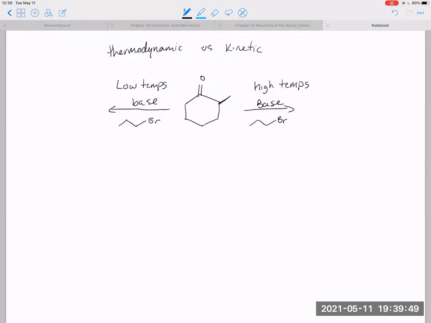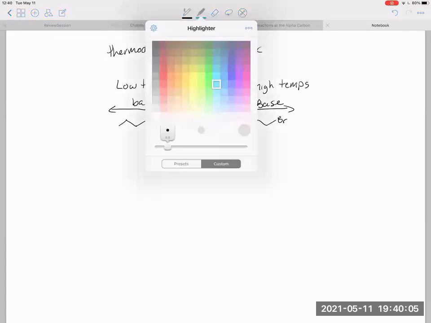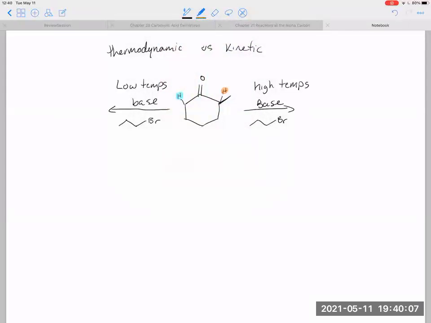Okay, so the big difference here is which hydrogen gets removed, right? It's actually the first step, the creation of that enolate ion, that's going to be different for each one of these conditions, whether it's this blue one or this orange one. And again, low temperatures always means kinetic, the product that forms the fastest.